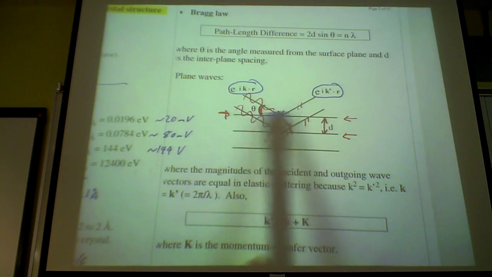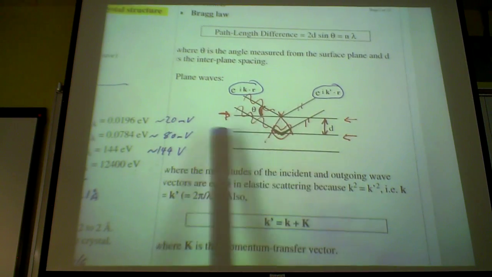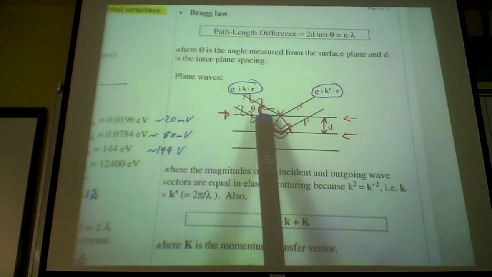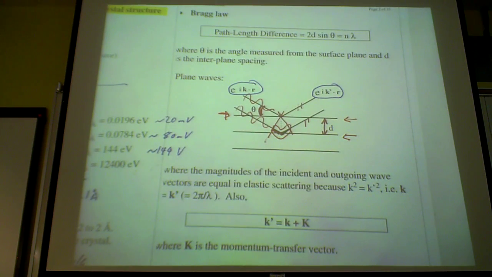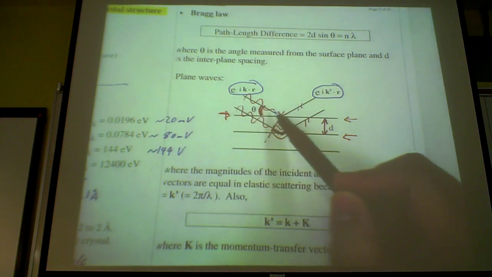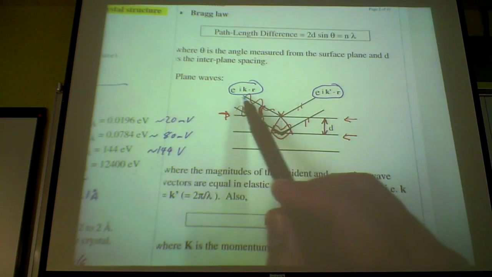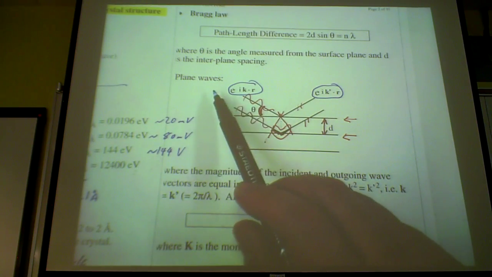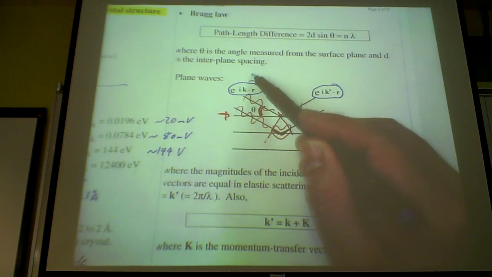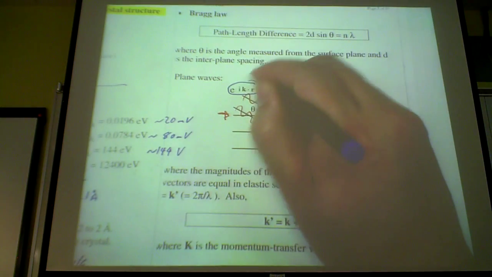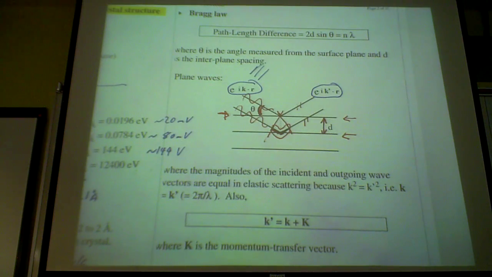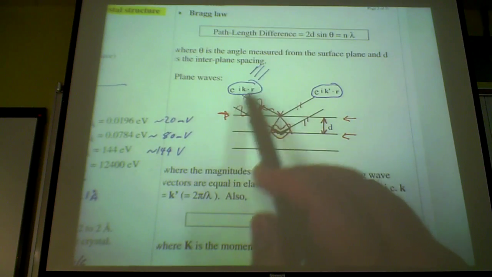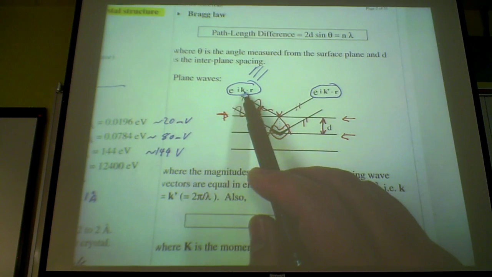So if I look at my surface here, light coming in, the theta is in this direction. This is my theta right here. I have a wave come in and scatter off. Usually I write a wave as a plane wave, so it's kind of like this. You imagine a wave front coming in like this, and a plane wave is usually written as e to the i k dot r.